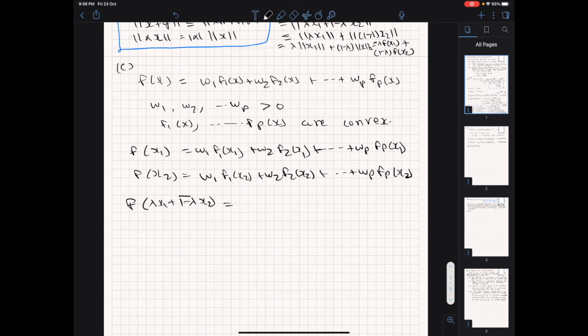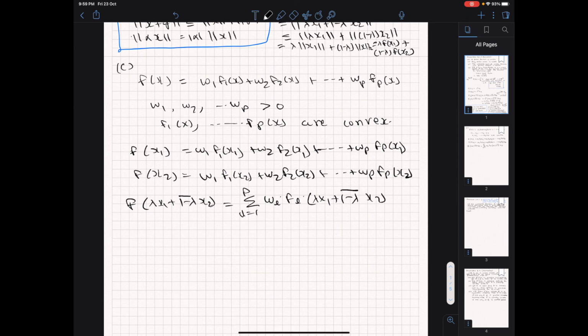I'll just use the sigma notation now. So wi fi of lambda times x1 plus 1 minus lambda times x2.